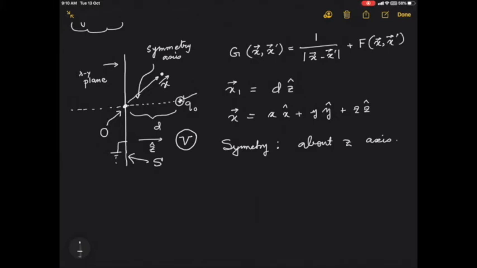In principle, what you now need to do is to solve the Laplace equation of F by demanding at the surface G is having a certain value. So let's see what is G at the surface.